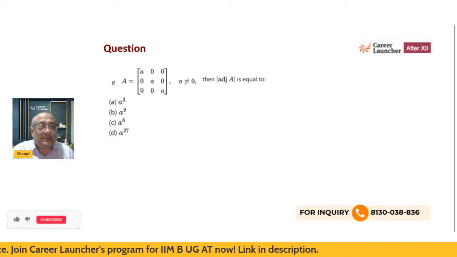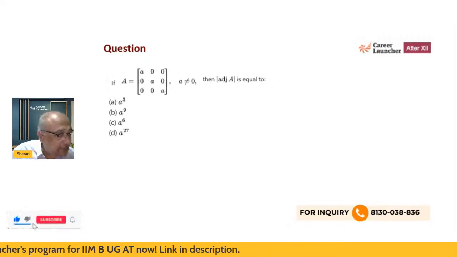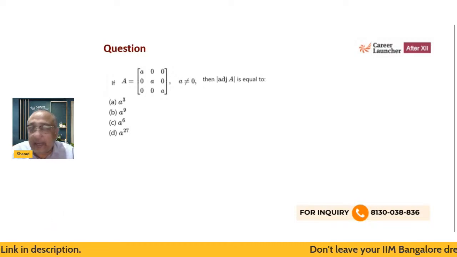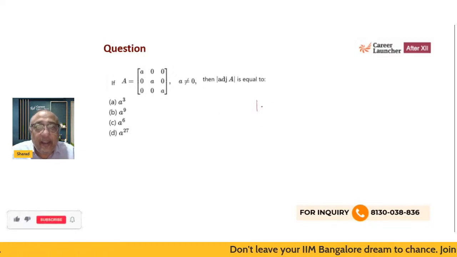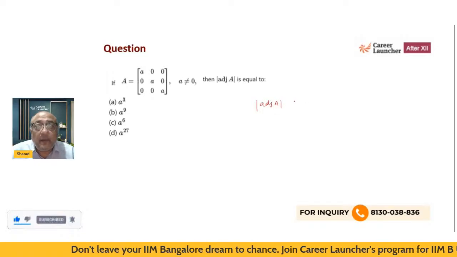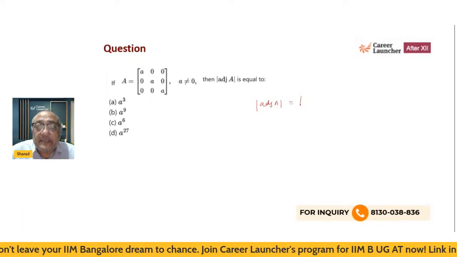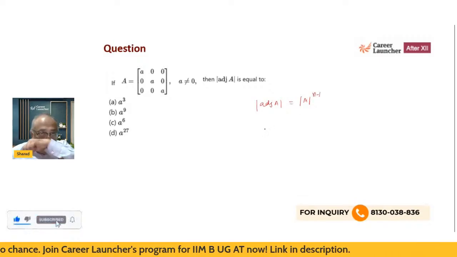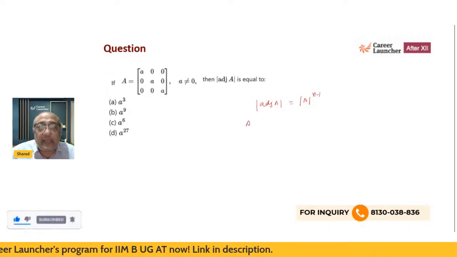Okay, let's come to the next concept. I have around 4-5 minutes more, and I will be completing it over here. Adjoint of A. This relates to your determinant part. This is nothing but determinant of A raised to the power n minus 1. How has this formula come?